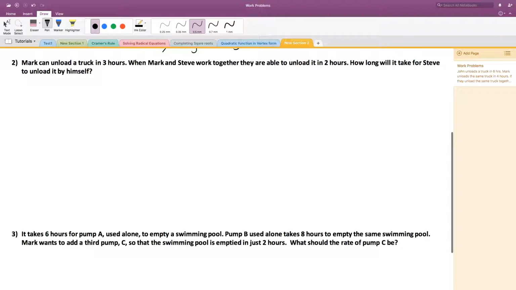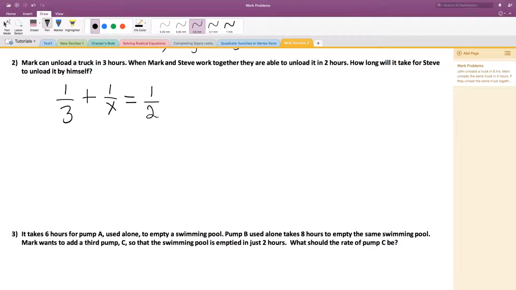For Mark it takes him 3 hours, so we're going to do 1 over 3 plus Steve. We're trying to find Steve's time, so for now we're going to let x represent Steve's time, so we're going to have 1 over x equals, and then for the joint time, it takes them 2 hours, so we're going to put that here, 1 over 2.